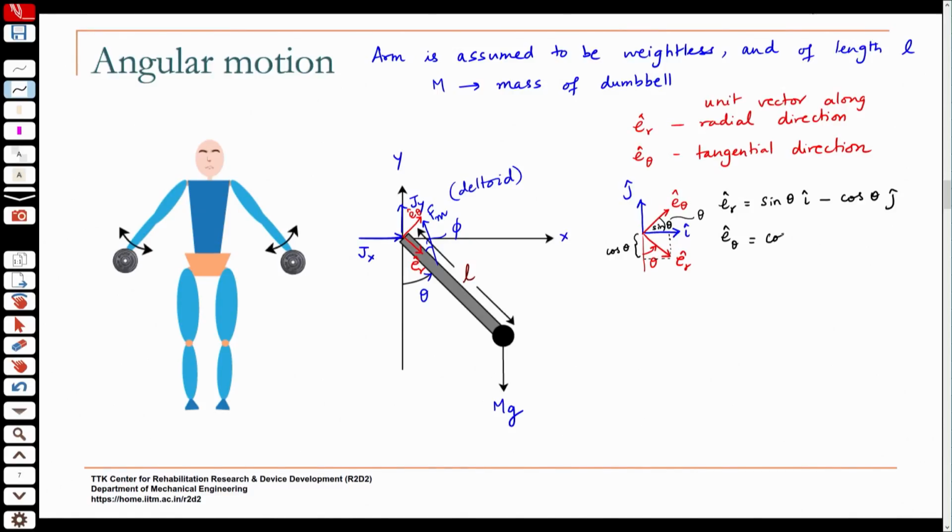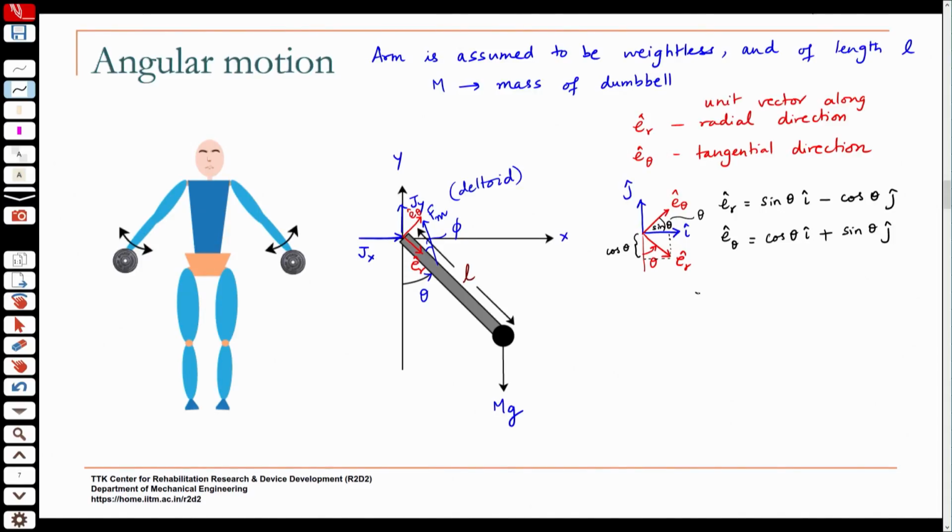So, I have cos theta along i plus sin theta along j. Now, these are unit vectors changing in direction; the magnitude remains the same, but the direction changes.